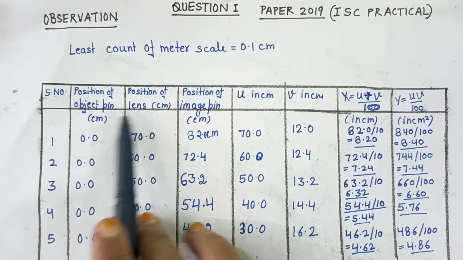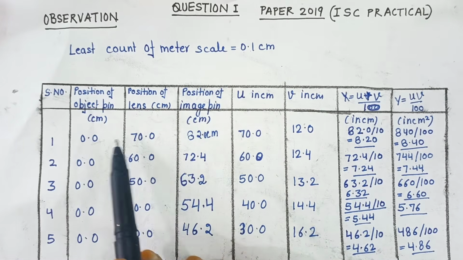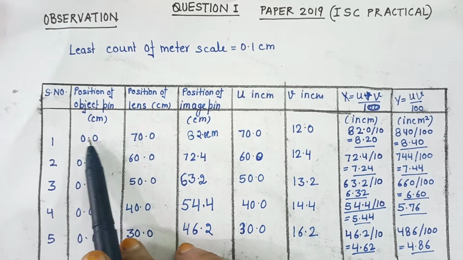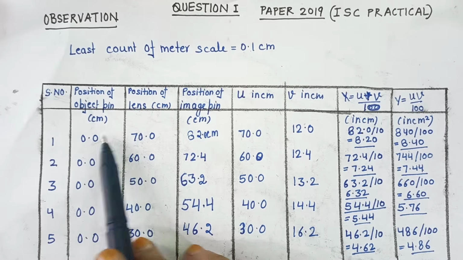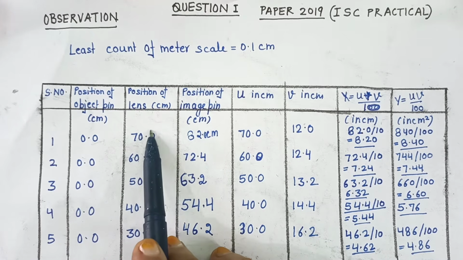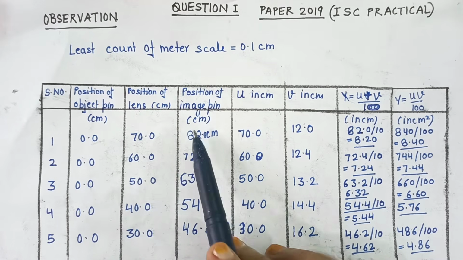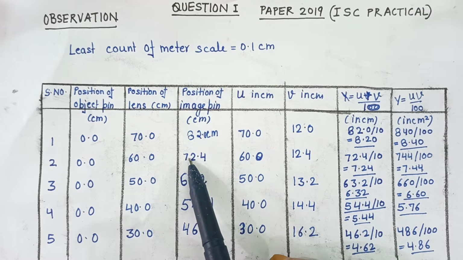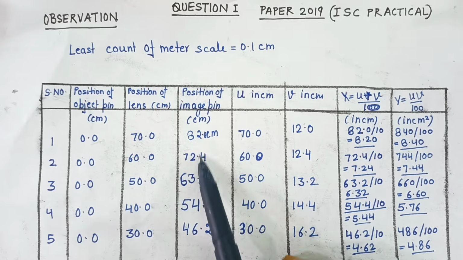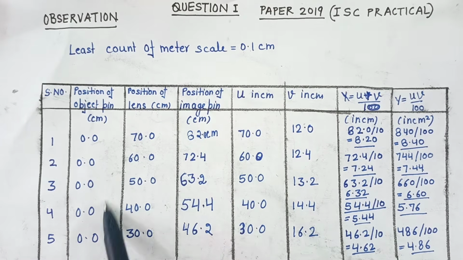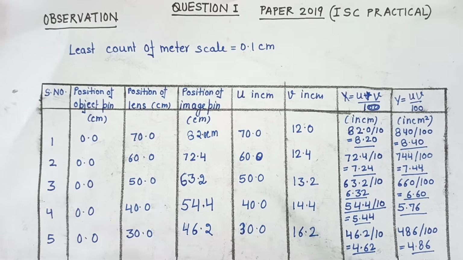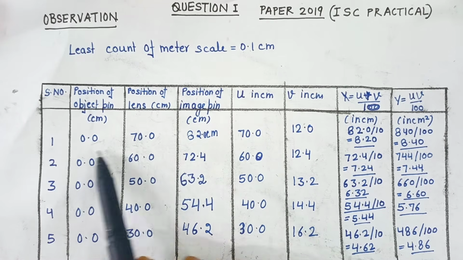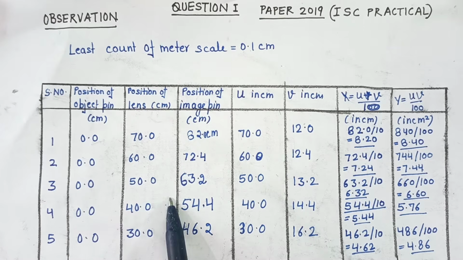So positions you are taking from the meter scale. So if you are writing 0, then write 0.0, 70.0, up to 1 decimal place, right? And then position of image 82.0, 72.4 and 63.2, they are already in decimal, but where the first place of decimal has no number, children forget to mention the least count.